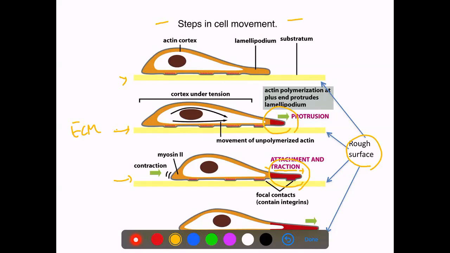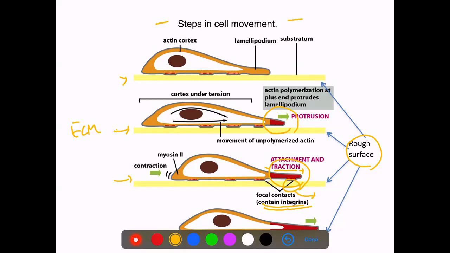Okay, so as they migrate, not only are they protruding the cell membrane, but they also make new contacts. This new contact will contain integrins. So not only is the cell moving, but this focal contact, the touching point, is also moving.